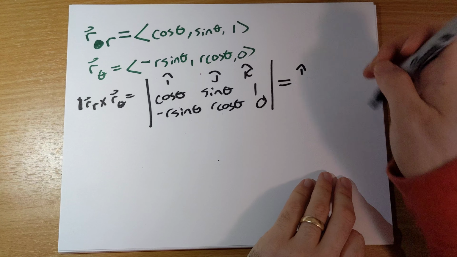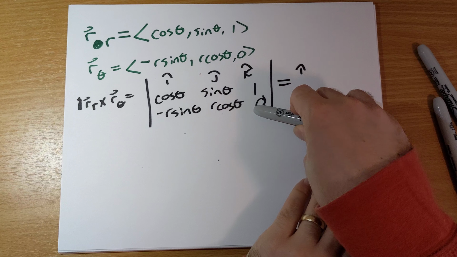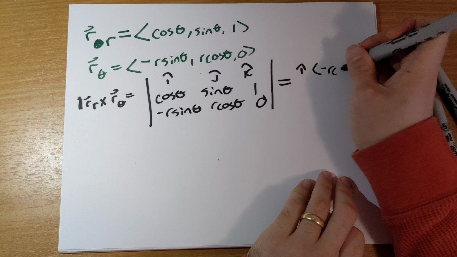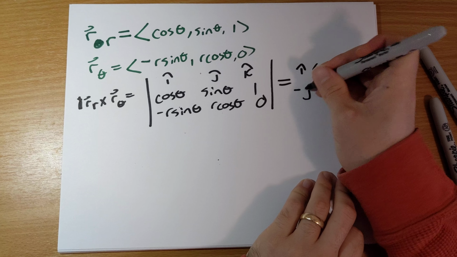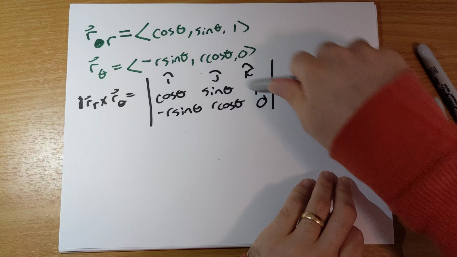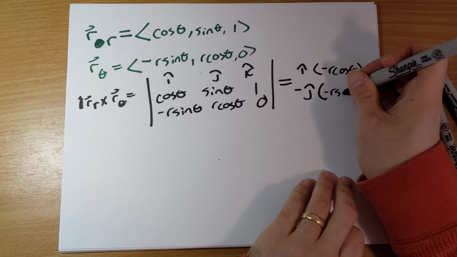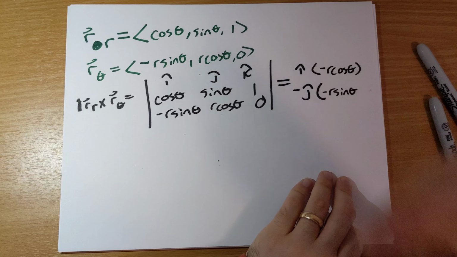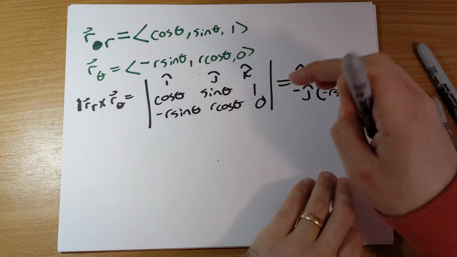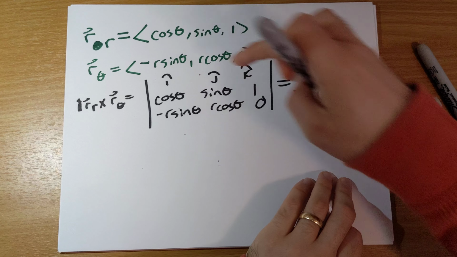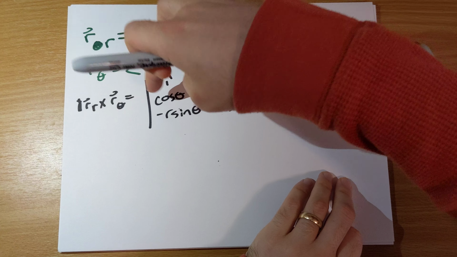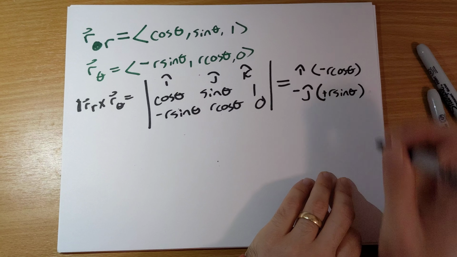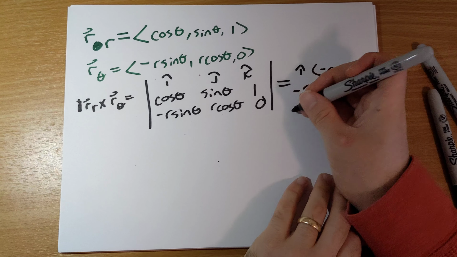Okay, so it's going to be i hat times this times that is 0 minus this times this is minus r cosine theta, minus j hat times this, so that's negative r sine theta, minus this times this. Oh, sorry, that should be a plus there. It should be this times this is 0 minus this times this, so that's what we end up with there.